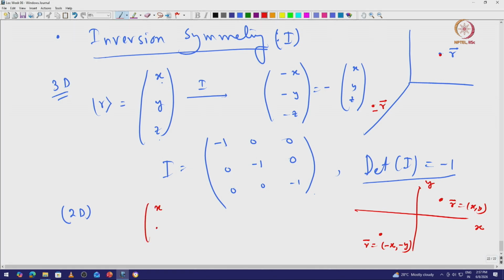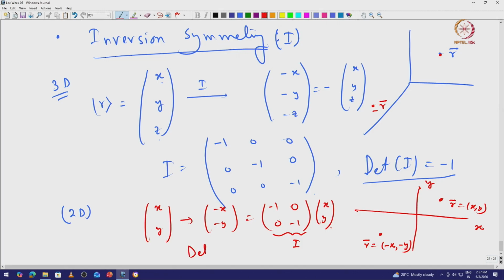So we will have x, y goes to minus x, minus y by an operator minus 1, 0, 0 acting on x, y. This is my inversion. But now you see there is a trouble.